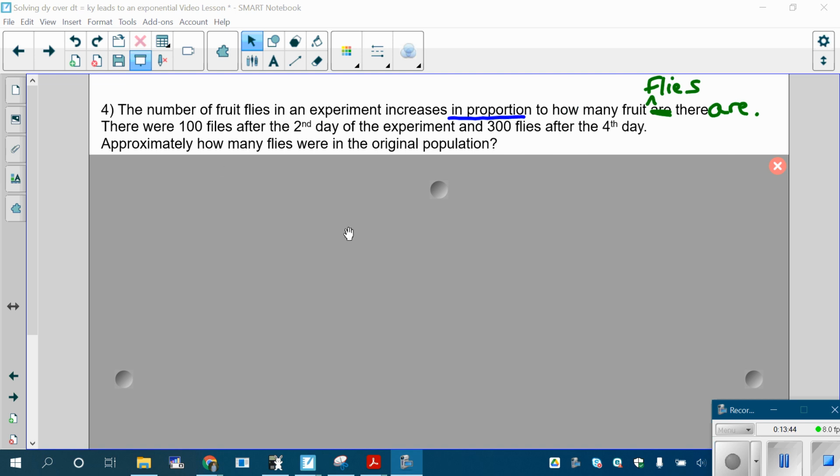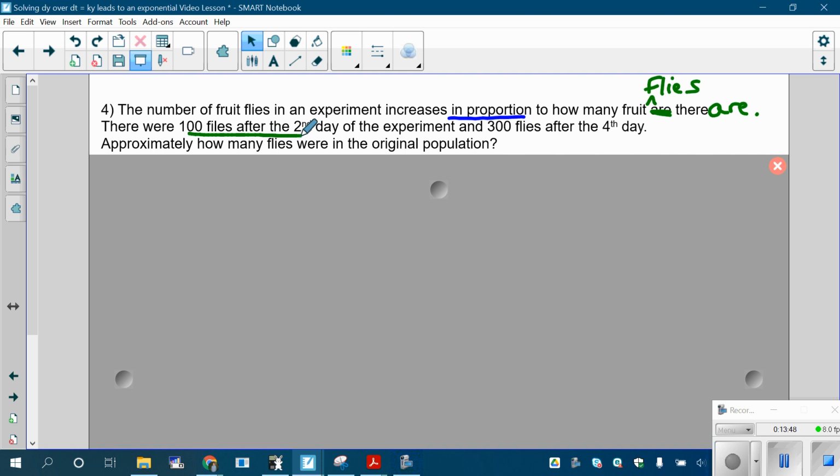We'll talk about that in a second. And it says, hey, 100 flies at time 2, 300 flies at time 4. How many flies were there originally? Okay. What I want you to think about is the fact that this first line is telling you that the rate of change is a constant times the original function.